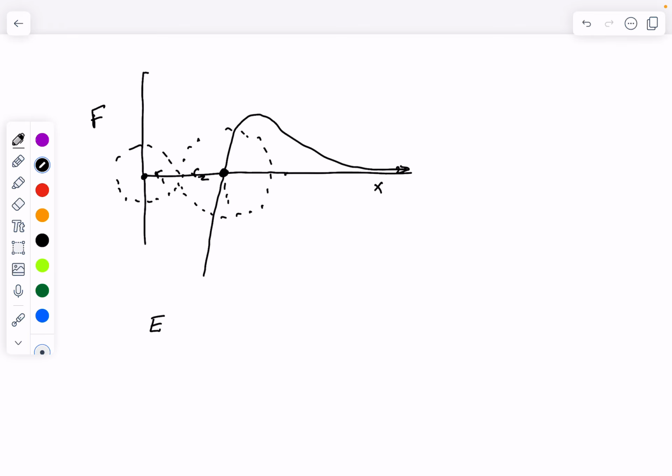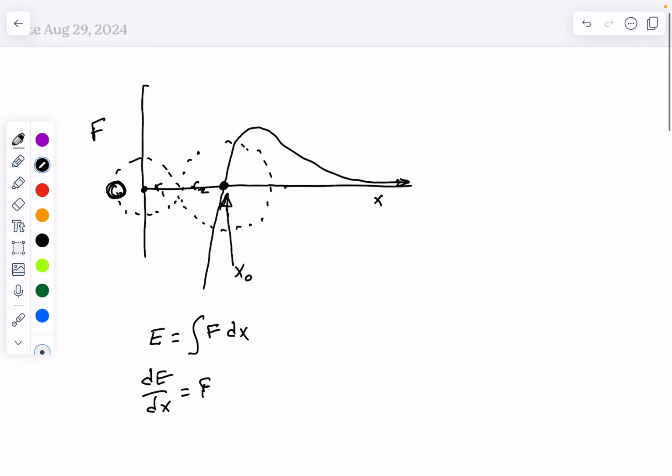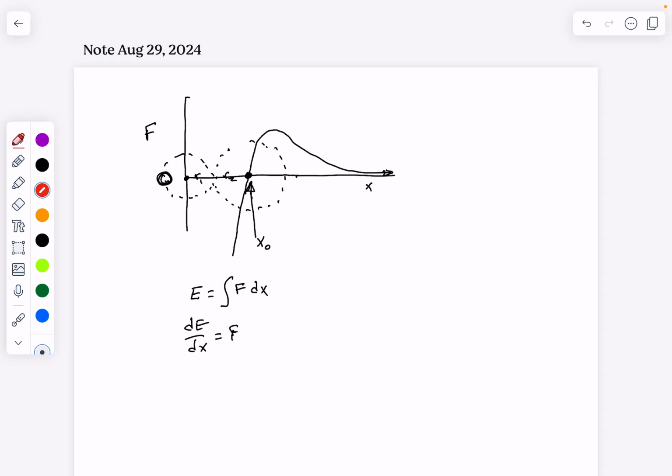If you remember from physics, energy is equal to the integral of force with respect to distance, so we can also state that dE/dx is equal to F. Where the bonding force is 0, which is at this location, let's call it x0, beside this net bonding force curve versus distance, I draw a bonding energy curve versus distance.